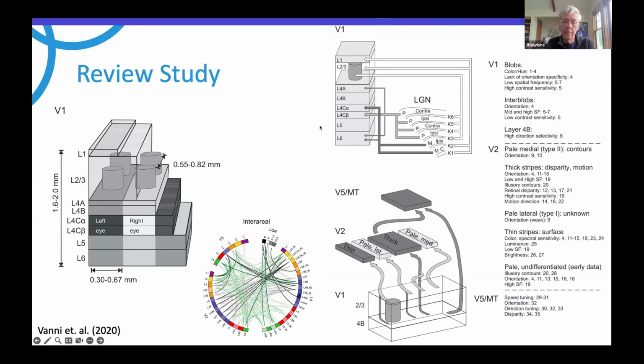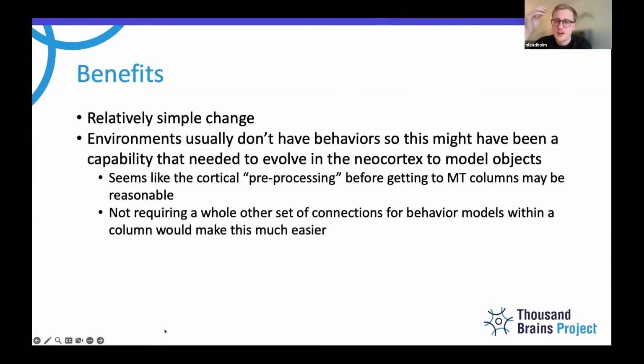But I think one of my favorite things about this still is just the idea of simplifying each learning module. I think that is really nice. Oh, I forgot my main slide. But benefits: it's a relatively simple change, and then the evolutionary argument is that environments usually don't have behaviors, so this might have been a capability that needed to evolve in the neocortex to model objects.